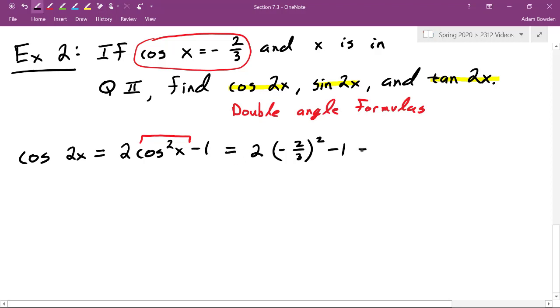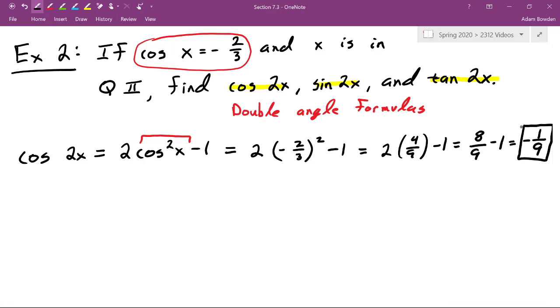And so that would be equal to 2 times positive 4 over 9 minus 1, which would be 8 over 9 minus 1, which would be equal to negative 1 over 9. So this is a situation where I could just simply plug the number in for cosine, and since it was cosine squared, just square that number and do the calculation directly.